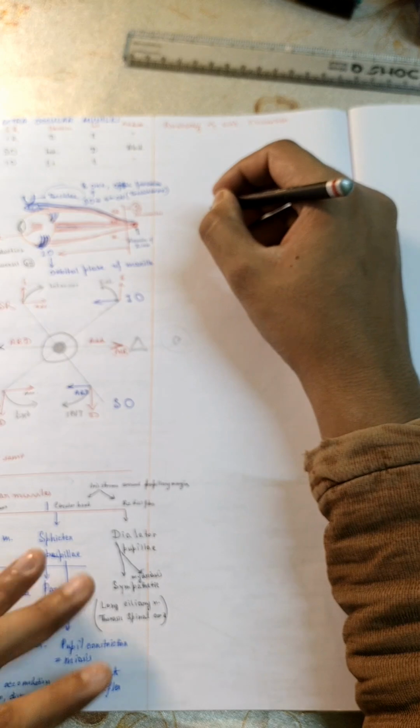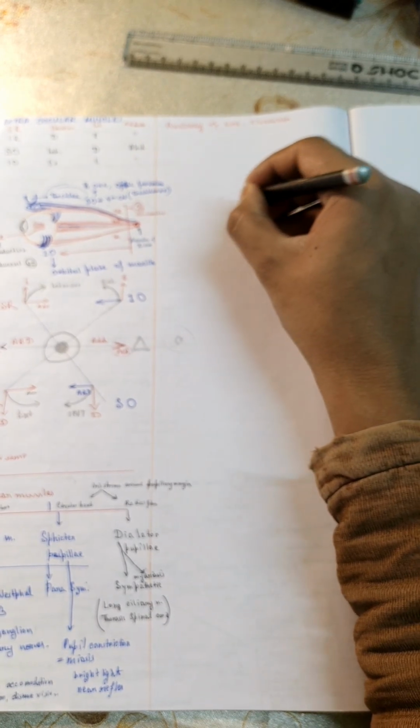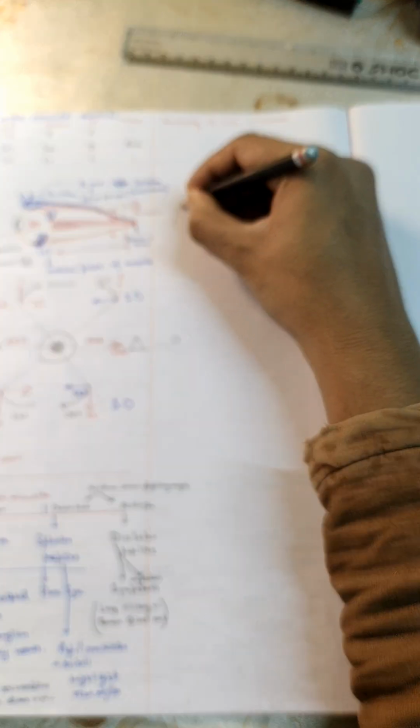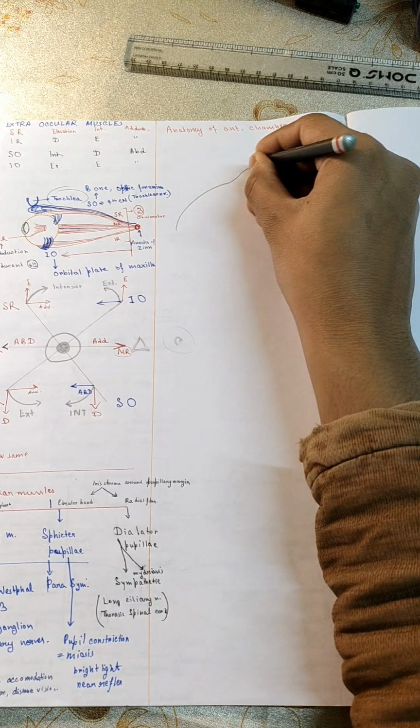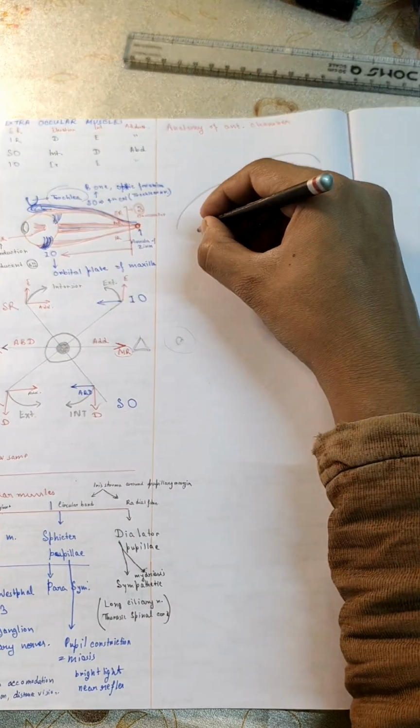So, let's make the picture. What we have here is a big sclera that becomes a cornea. Let's make another part because it is a big layer. It is the cornea.